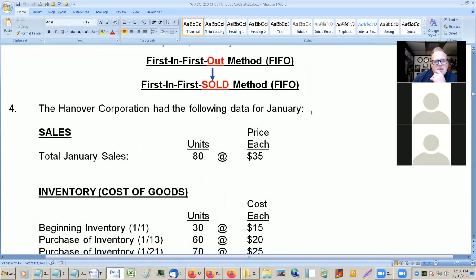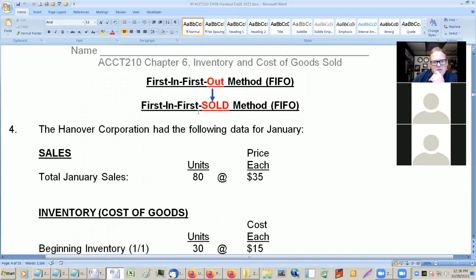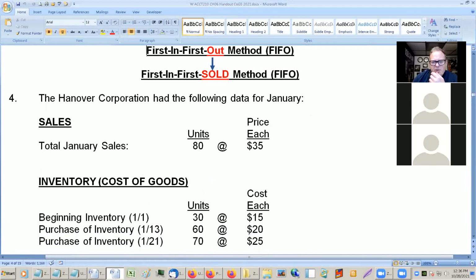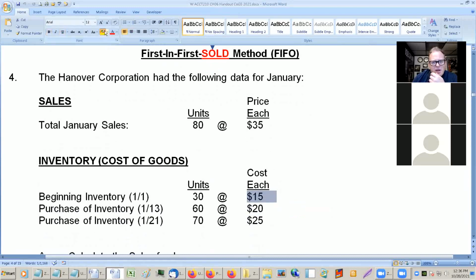And so the method we're using, and by the way, here's the problem. Just to reiterate what we did last time. The problem is this.